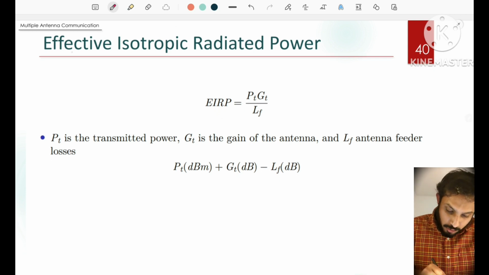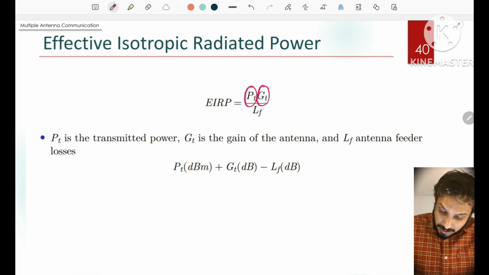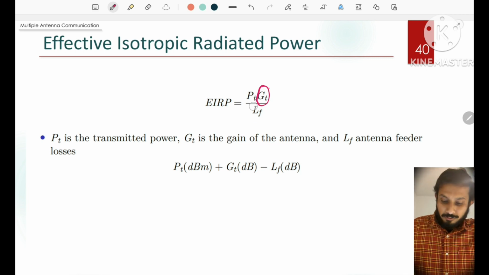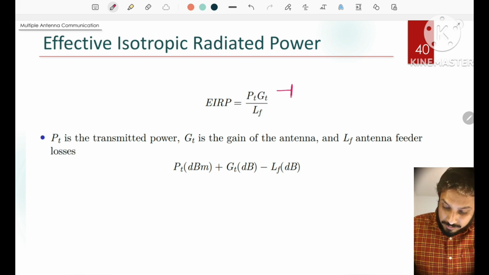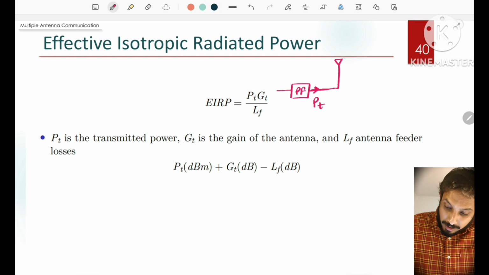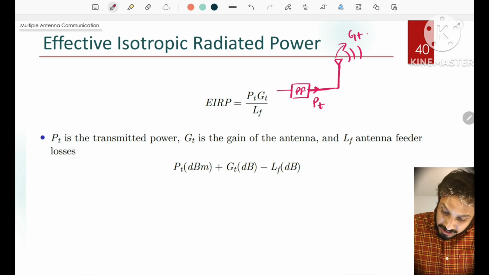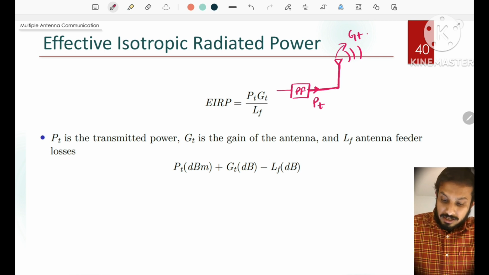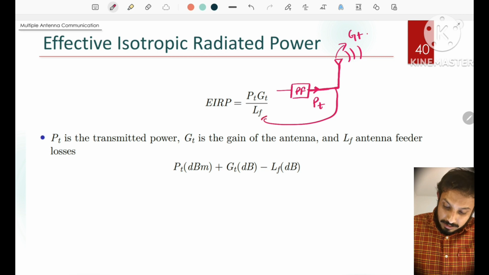Then next we have effective isotropic radiated power. This is the product of the transmitted power and the gain of the antenna divided by the feeder losses. What we mean by this is, let's say we have a power amplifier and the transmit power coming from here is PT. Then this is connected to the antenna. The antenna will have a certain gain GT, and the connection is through cables, and the cable will introduce a certain loss, which we call LF, that is feeder loss.